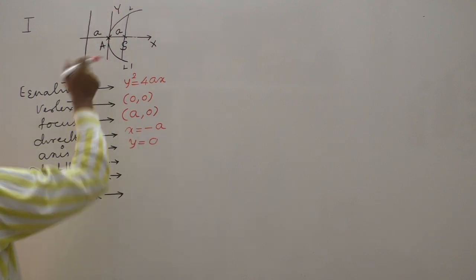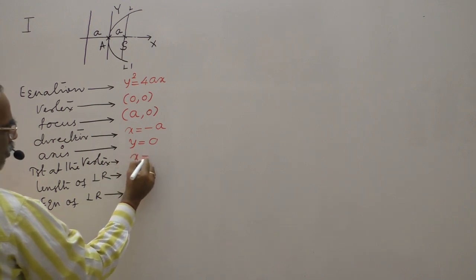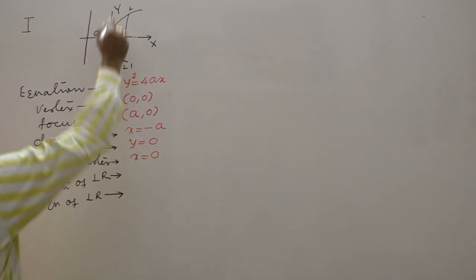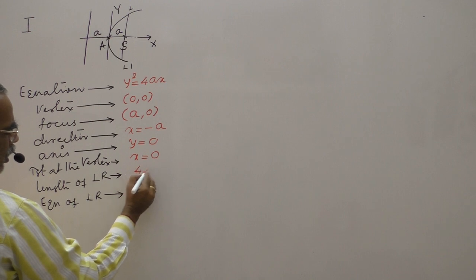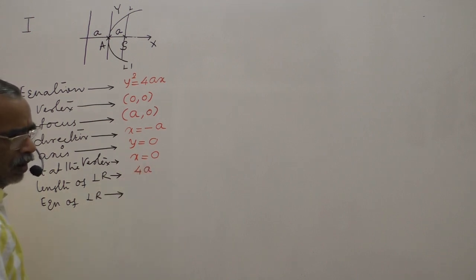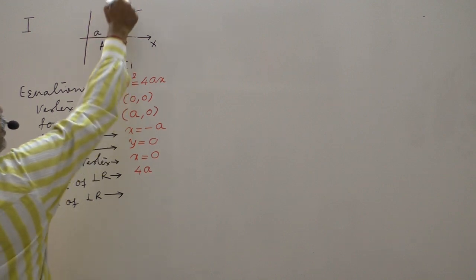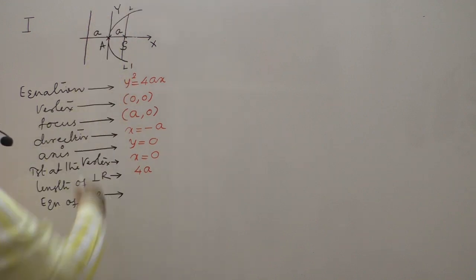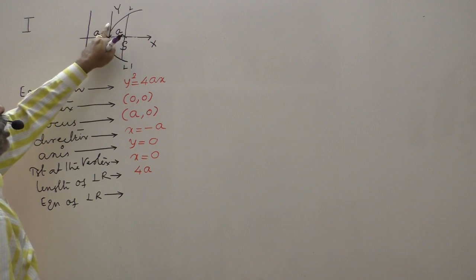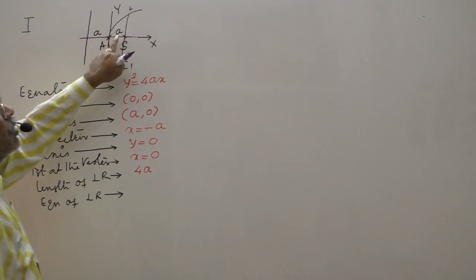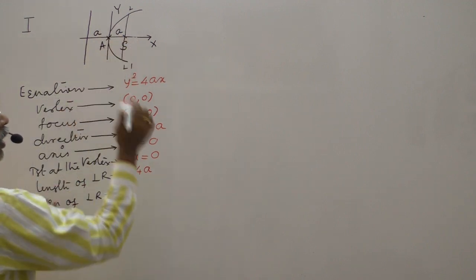Tangent at the vertex is the y-axis, whose equation is x equal to 0. Length of the latus rectum: for any parabola, the length of the latus rectum is 4a. What is the equation of the latus rectum? This line is parallel to the y-axis at a distance a from the origin on the right side.